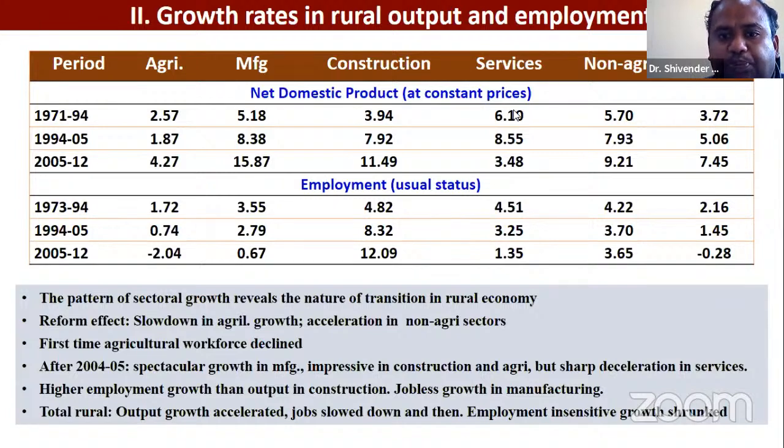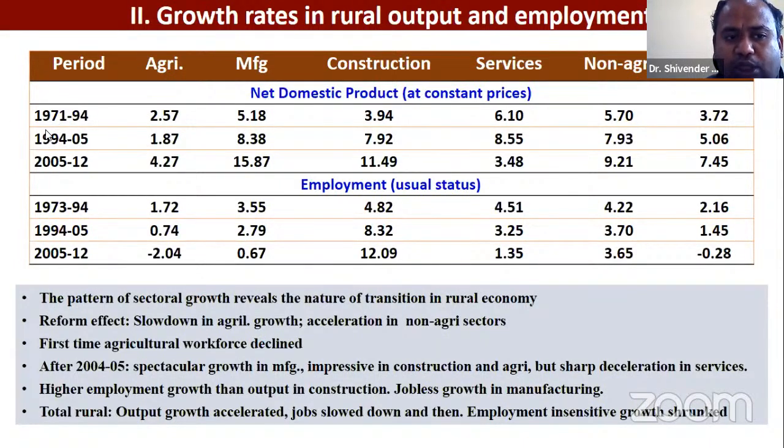Okay. So let us come to the second issue which I listed at the start: what is the growth rate in output as well as employment in different subsectors, like agriculture. You see how agriculture has grown over a period of time.